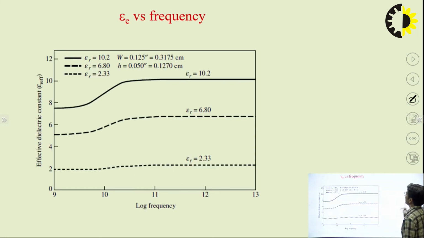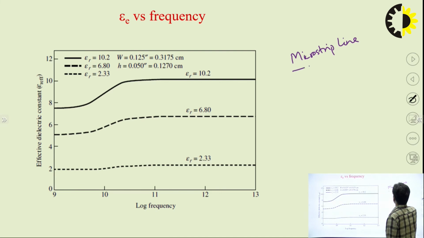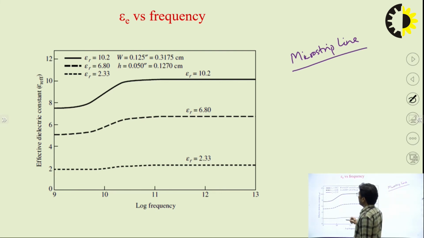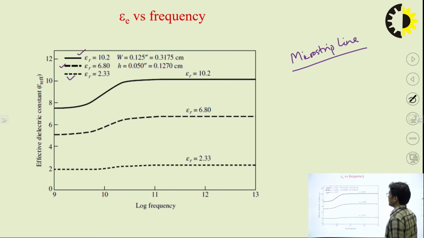Now this is the graph showing the effect of frequency on the effective relative permittivity for the microstrip line. Here we have taken three cases: epsilon r equal to 10.2, 6.80 and 2.33.